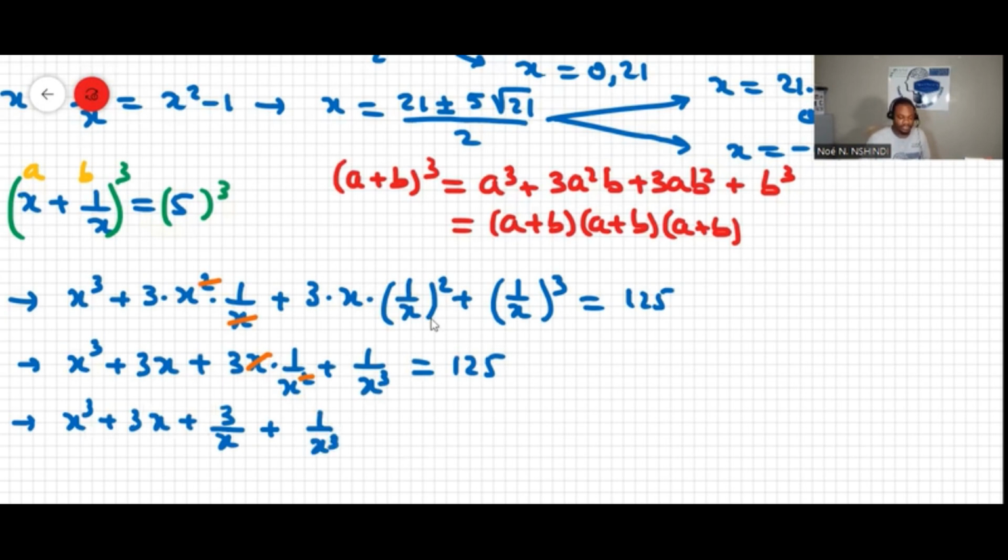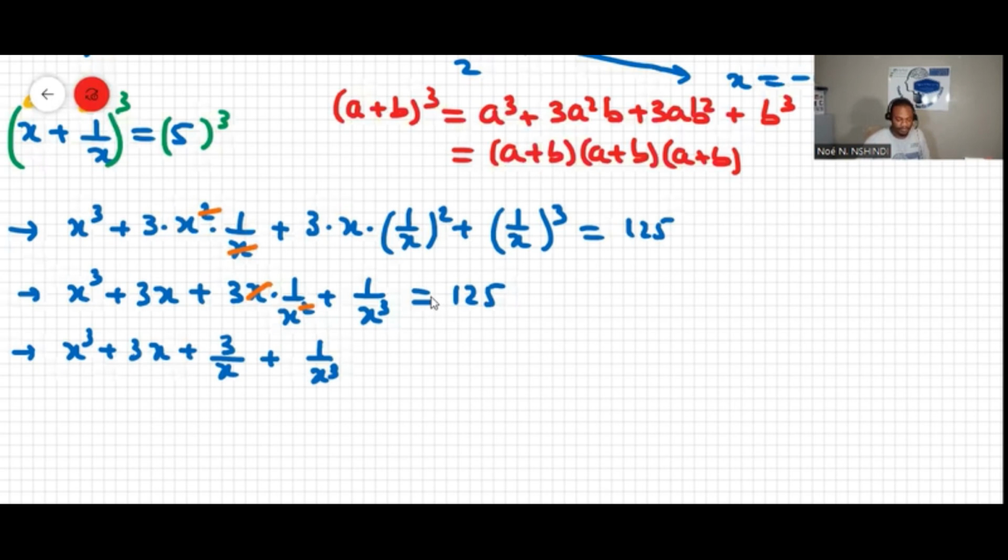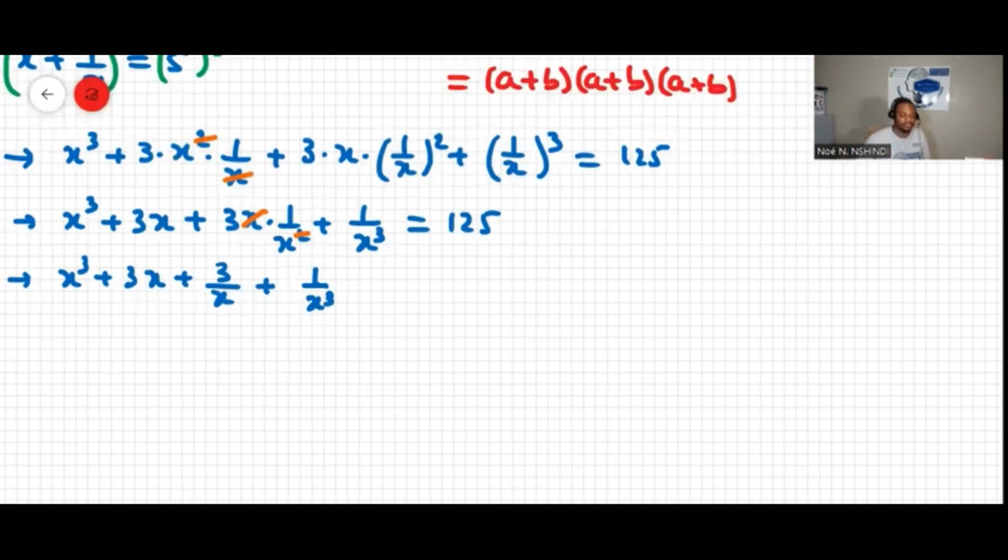Now, if you look at this part, 3x plus 3 over x, we can do something there. That's x cubed plus, we can take 3 as a common factor, and then plus 1 over x cubed. If we take 3 as the common factor, we're left with x plus 1 over x.